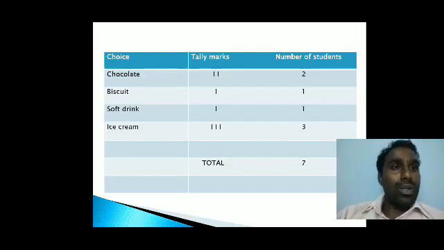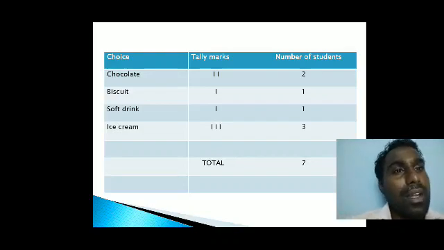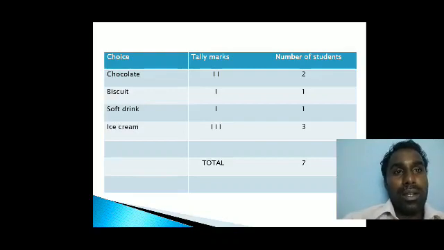Here also the counting is 1, and soft drink 1 they want, so 1 tally mark, number of students 1. And ice cream 3, so 1, 1, 1, that means 3, each one counted separately. So total is 7. So 7 students.